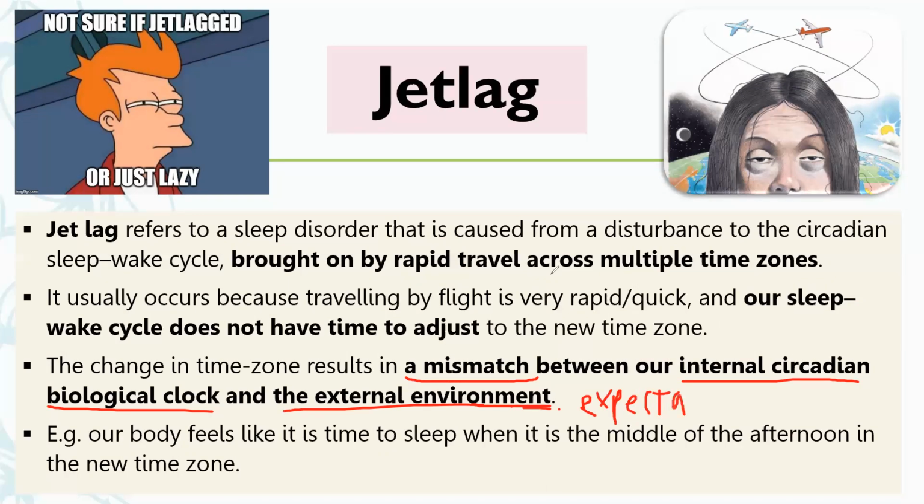So your body expects that it is Melbourne time zone, but the reality is that you're in LA, in America. Okay, and so your body kind of has to force yourself to adjust to that new time zone, when internally it's not ready, the body's not prepared to deal with that right at that point in time.